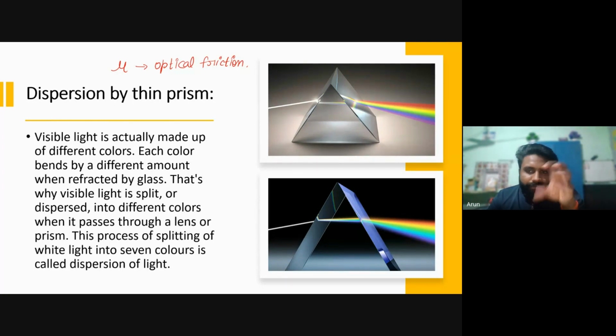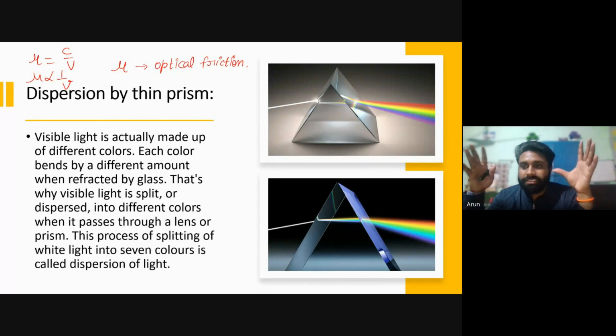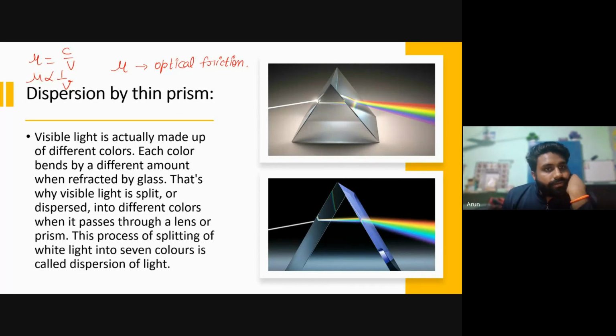But when it encounters any surface with a mu, mu has a dependency. Mu equals c by v, so it is inversely proportional to the velocity of any color. The color which moves fastest has the smallest mu. If v increases, mu will decrease.